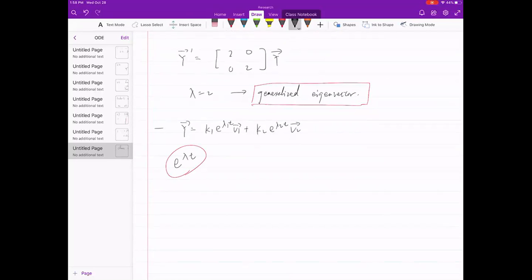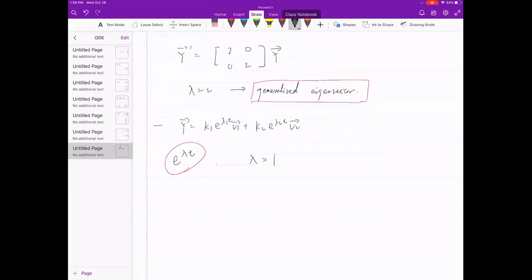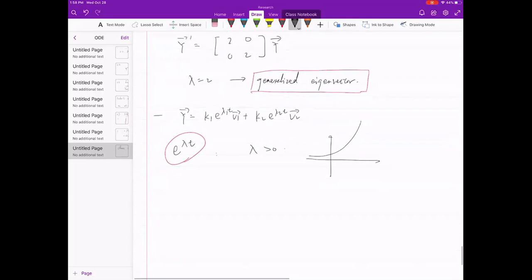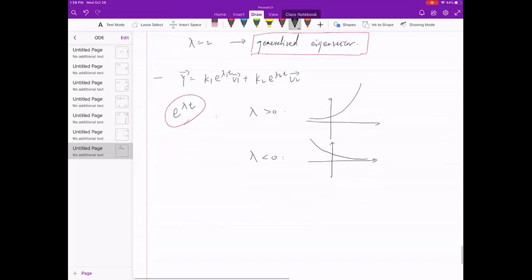Well, it depends. It's exponential growth. Okay. It's exponential decay. It's 1. Still okay?